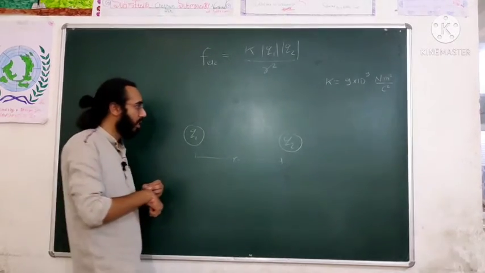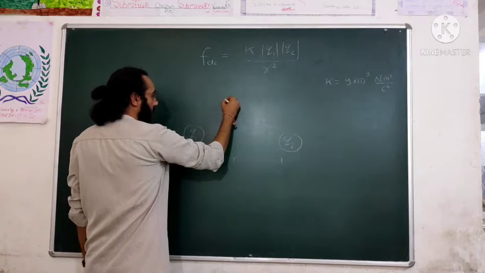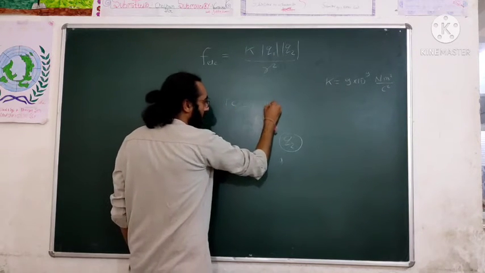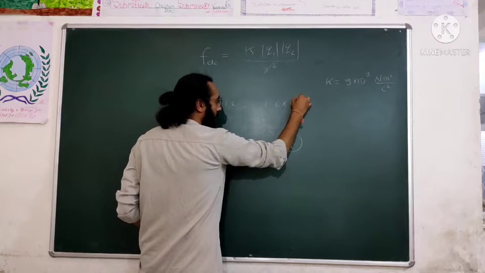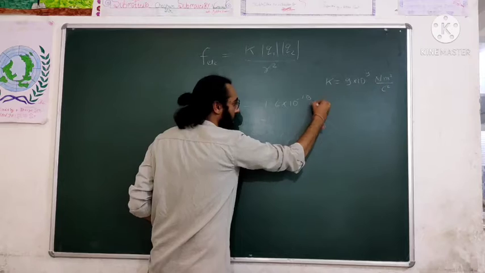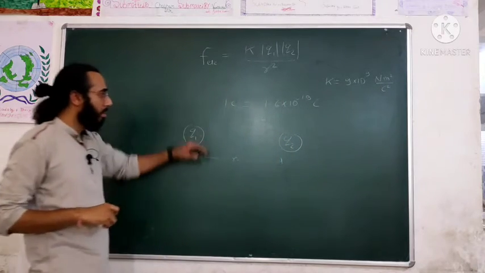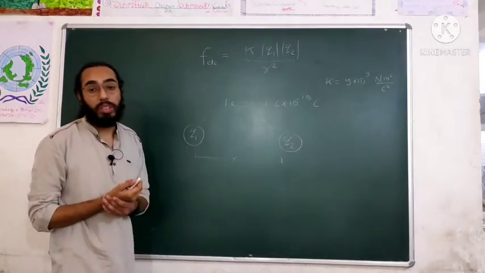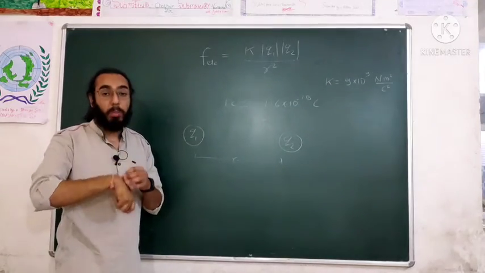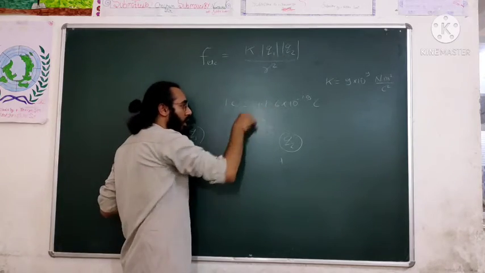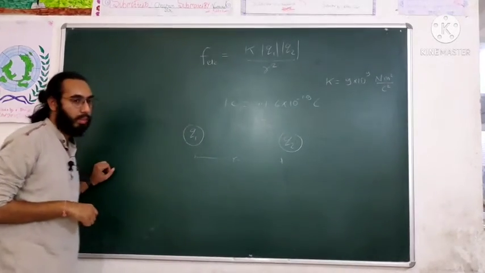So what is its value? The charge of 1 electron is 1.6 into 10 to the power minus 19 Coulomb. If I am speaking of an electron, it should be the negative value, because electrons are negatively charged and protons are positively charged. If I ask what would be the charge of 1 proton, the sign would change to positive.